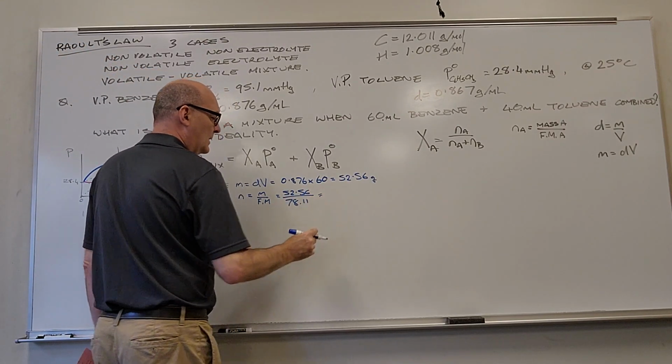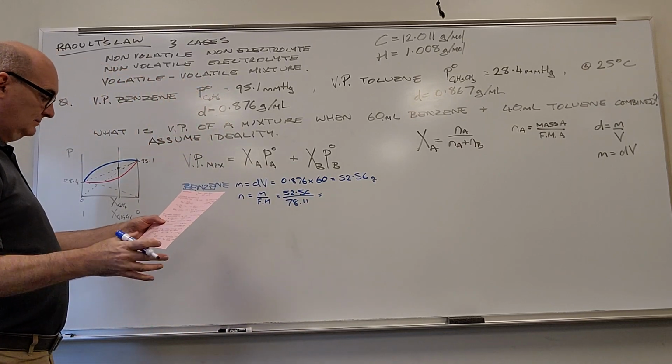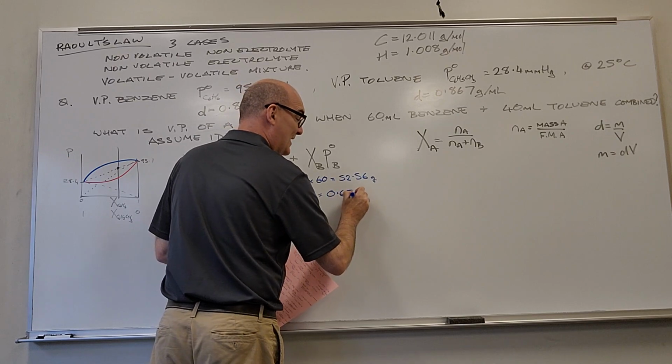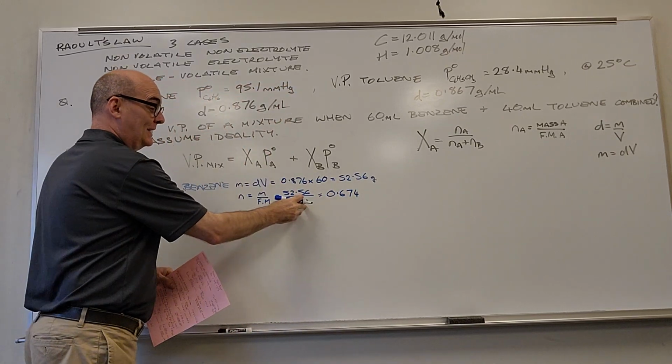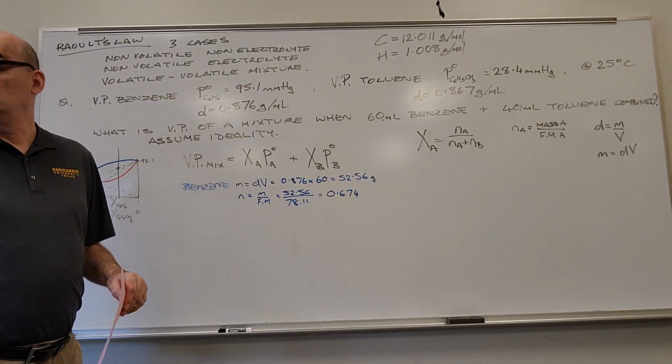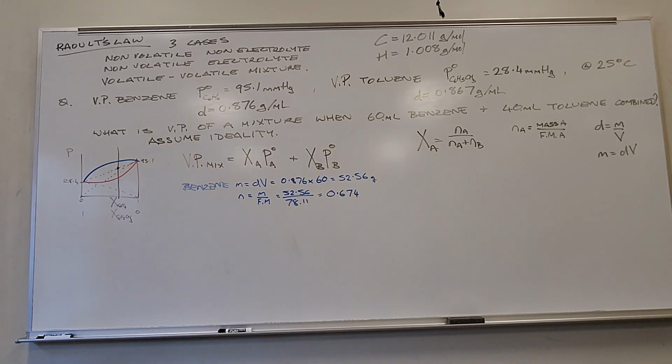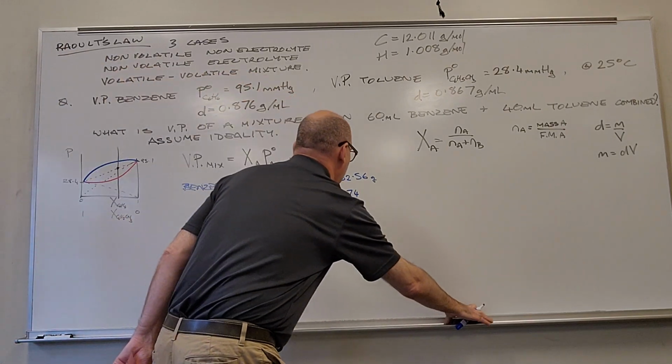Okay. Which gives us an answer of 0.674. That's my number without the decimal here. Your number will be a little bit different. Well, let's use the real numbers.